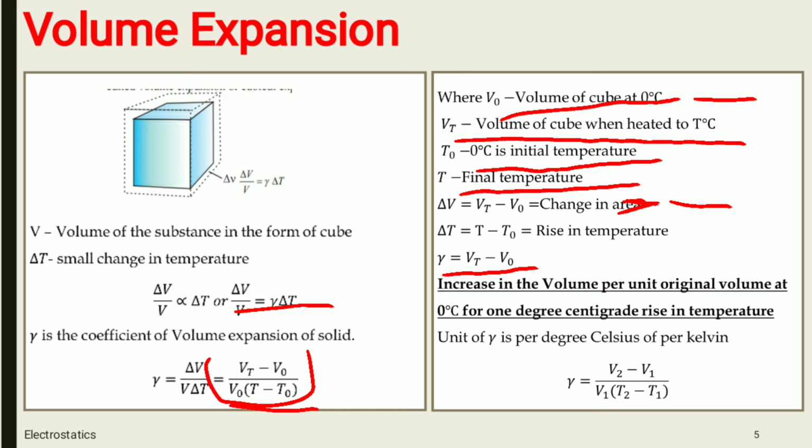If V1 is the initial volume of the body, V2 is the final volume, T2 is the final temperature and T1 is the initial temperature, then gamma is equal to V2 minus V1 divided by V1 in bracket T2 minus T1. So the unit of gamma is per degree Celsius or per Kelvin.